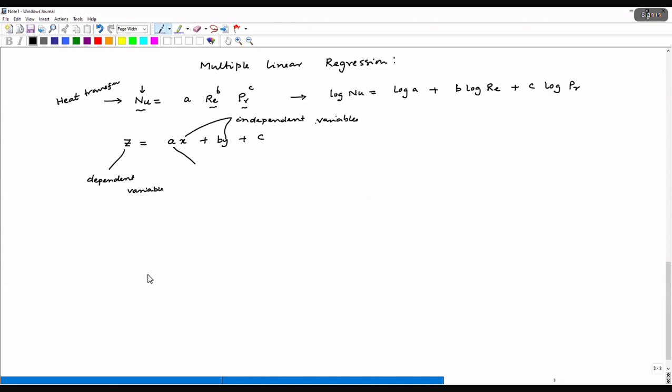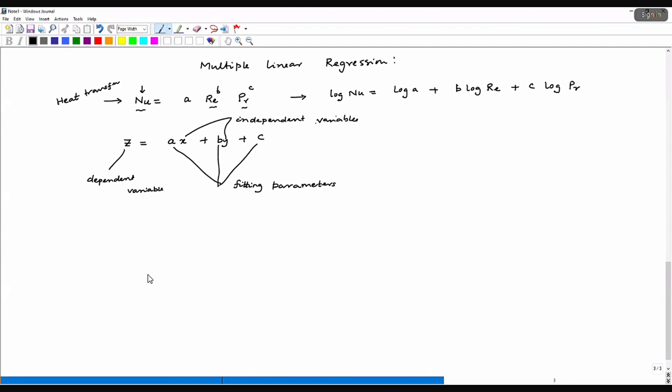And your A, B, and C are fitting parameters. So you must find the values of A, B, and C.